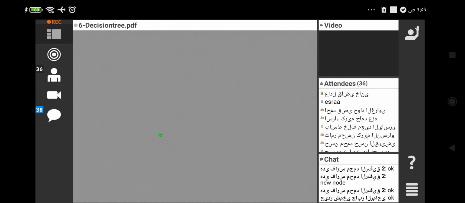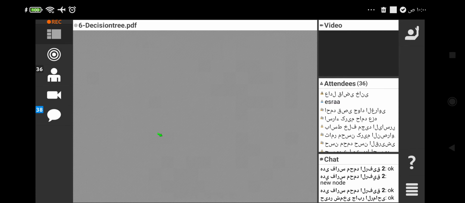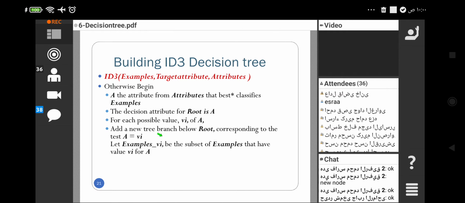So this is the condition that we have in the algorithm that says if the attribute is empty. We will come back to this later on. If all of these conditions are not true, so all of the data are not positive, all of the data are not negative, and the attributes are not empty, we come here and select the best attribute in the current situation based on the examples, the data that we have.